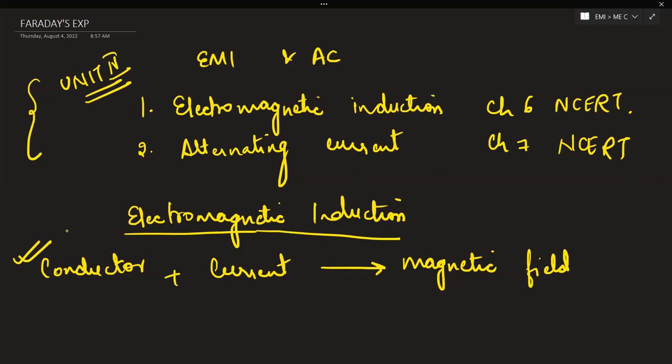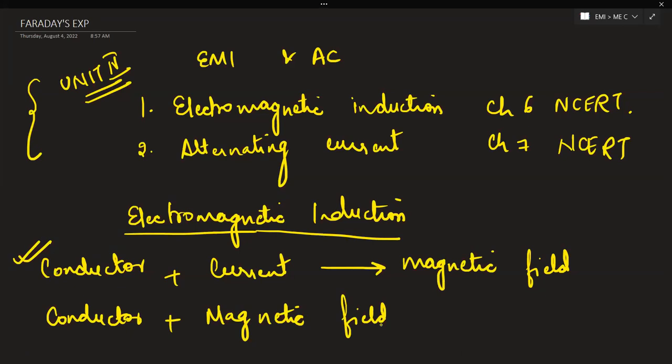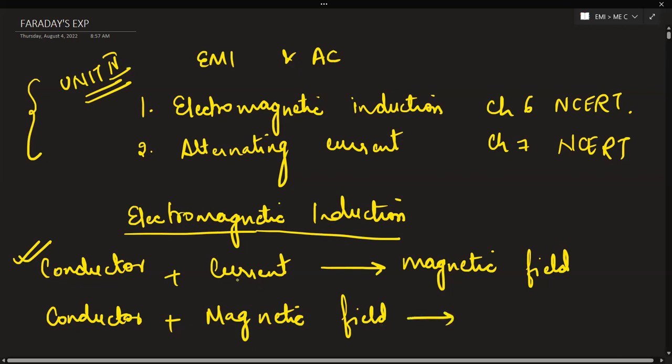Now the question raised by the scientists was: if we reverse this, and we have a conductor kept where a magnetic field exists, will it produce the third thing, current, or not? This was the main question.